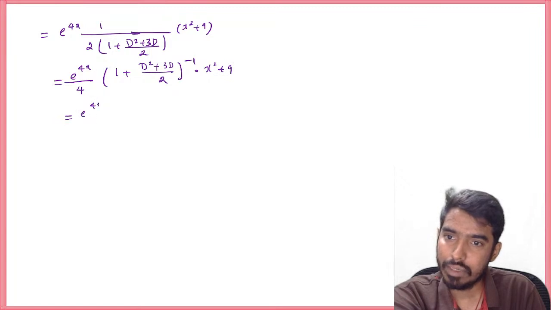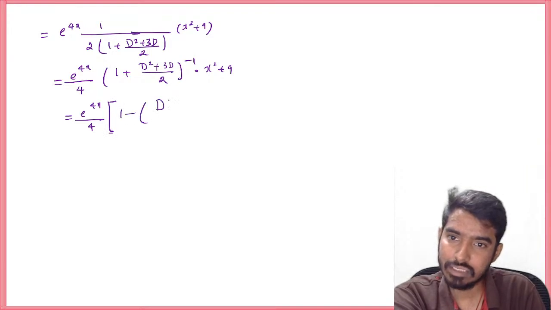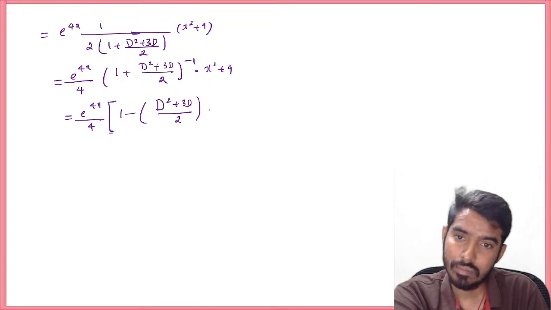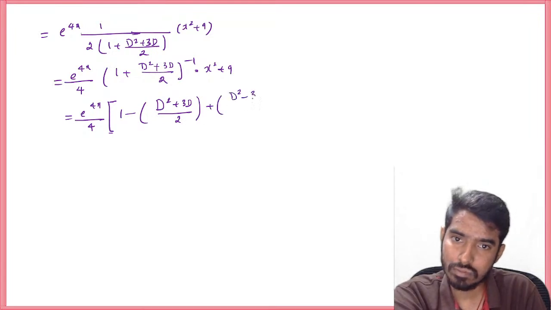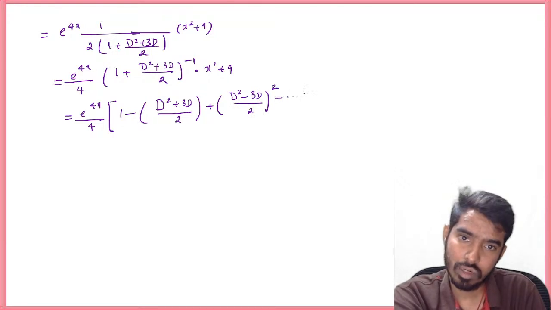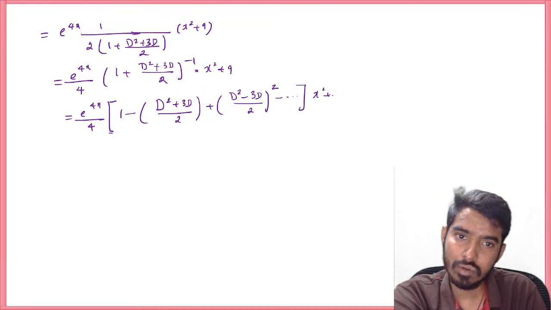This will be e power 4x by 2. So multiply this: 1 minus x plus x square and so on, into x square plus 9.